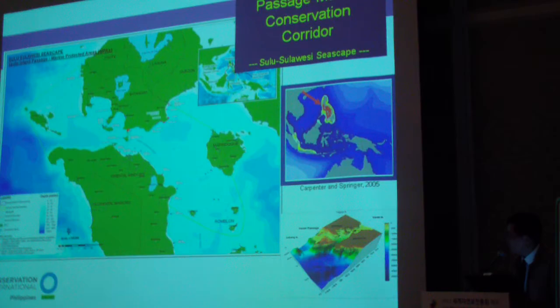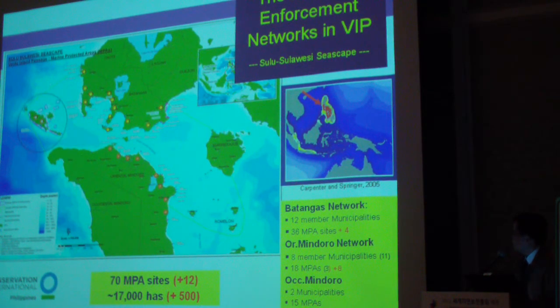And as a result, we were able to come up with a list of 70 marine protected sites all over the 3 provinces. We're working currently in 3 provinces, in this province and the Batangas province. We still haven't started our work in the eastern part of the Verde Island Passage.